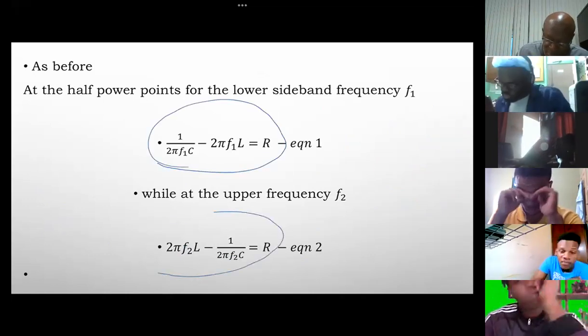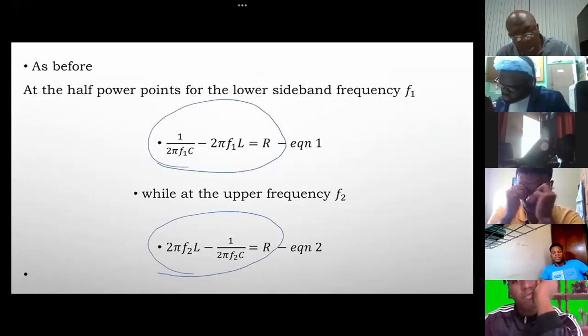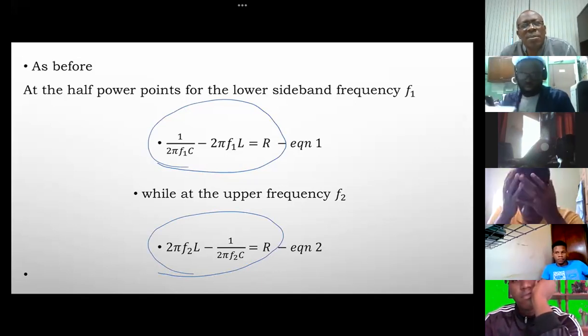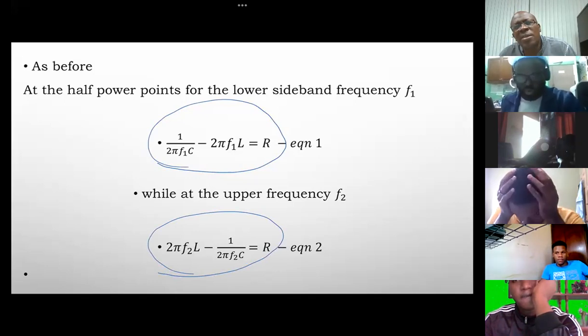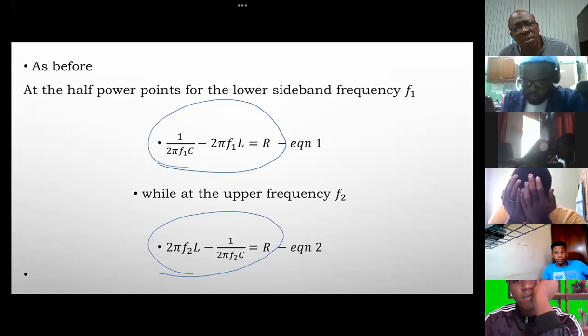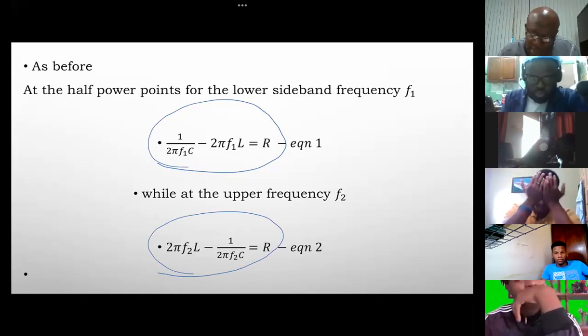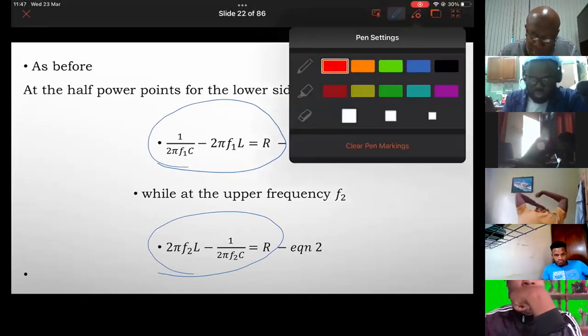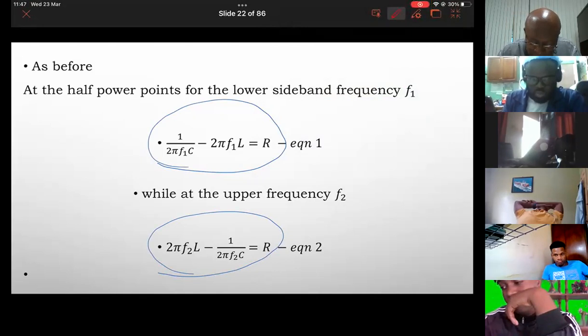And we know that this is true. All right? But we are going to focus on a different area of these 2 equations. Let's note the fact that in both equations, it's equal to R.